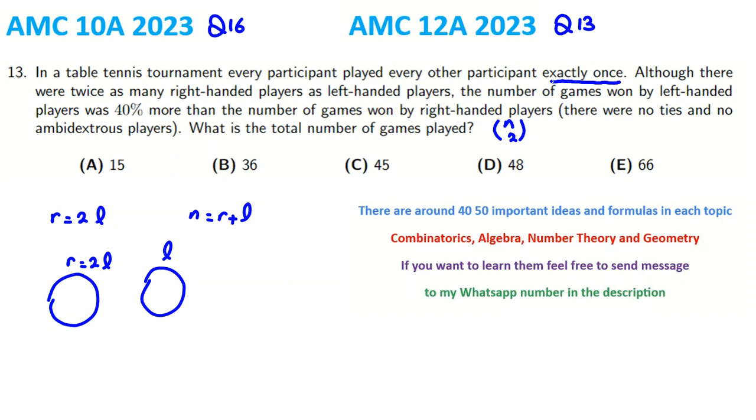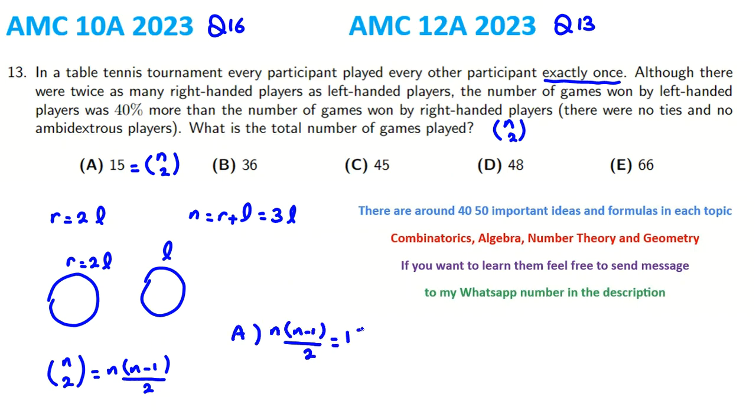Here the problem says N is R plus L. We want to find N choose 2. So let's calculate each choice, and we know R is 2L, so 2L plus L is 3L. For choice A, N choose 2 is N times N minus 1 over 2, which is 15.